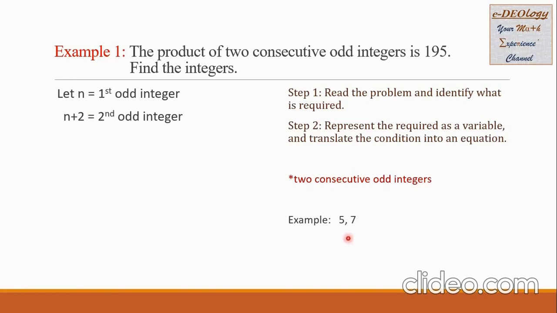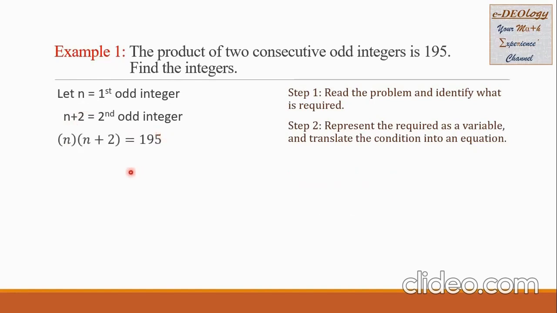If you look at our example of consecutive odd integers, the gap between the first odd integer, 5, and the second odd integer, 7, is 2. That is why, with respect to the first odd integer, we write here n plus 2 to represent the second odd integer.